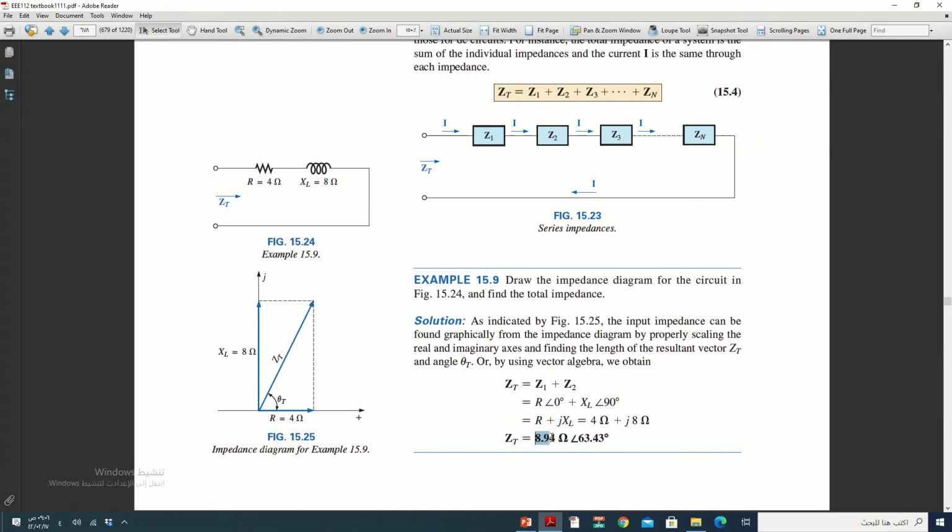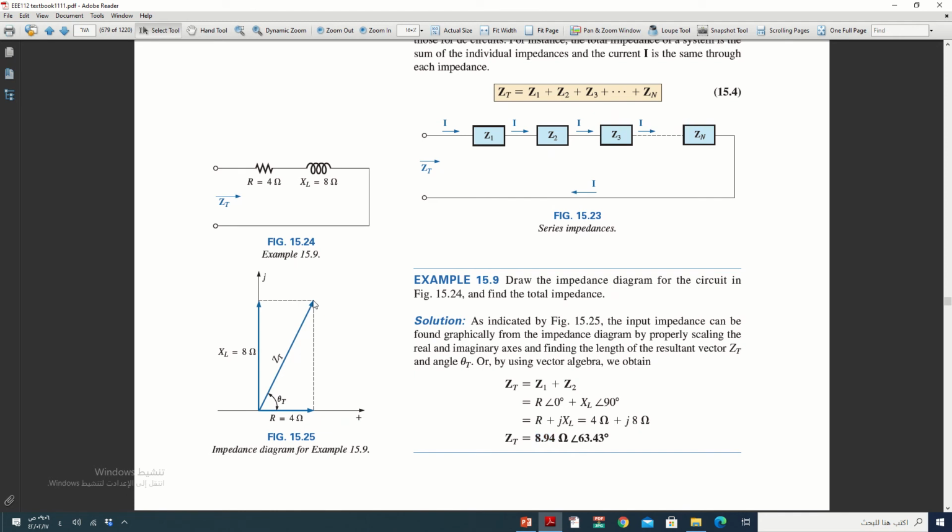If we apply it by calculator, you will find the final answer 8.94 ohm and the angle 63. And if you draw the impedance diagram here, we'll draw 4 here with 0 angle and 8 with 90 degree. To draw the resultant, or the Z total, we'll draw here the resistor vector, and then at the end of vector number 1, which is the resistor, start vector 2.